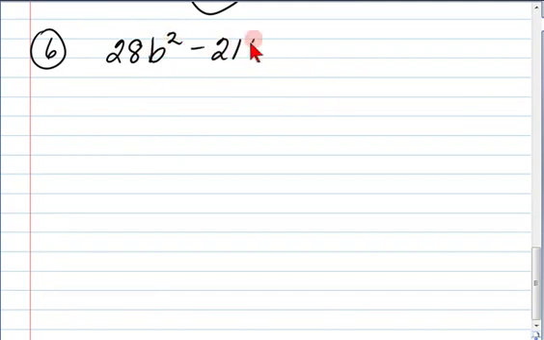I would like you to factor 28b squared minus 212b minus 96. Almost all of us go, ugh, look at those big numbers.